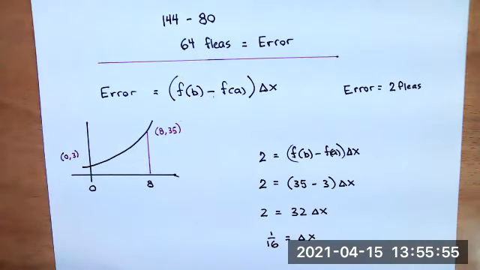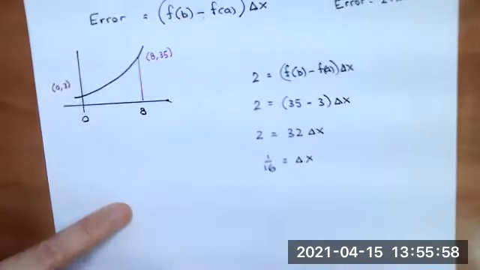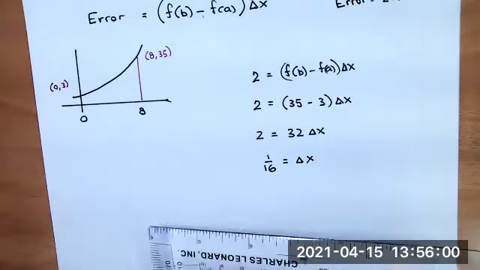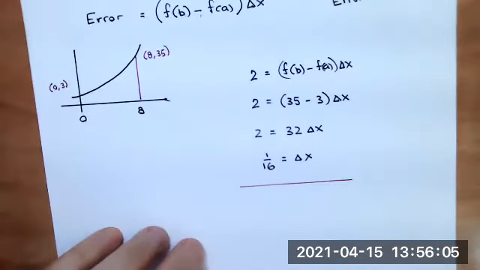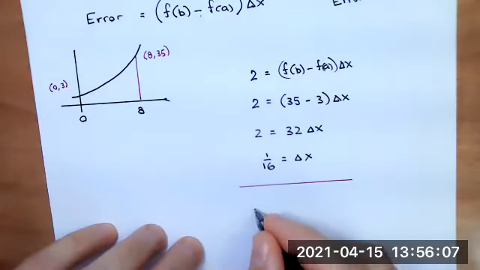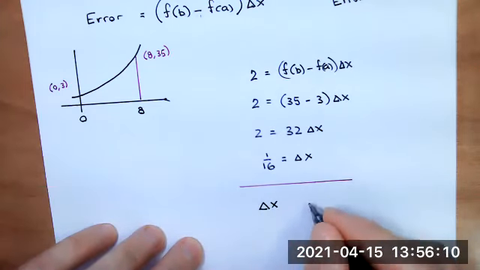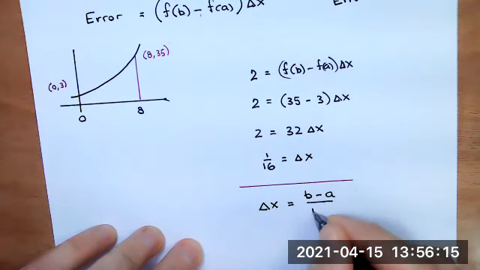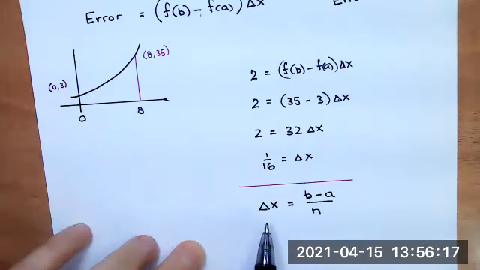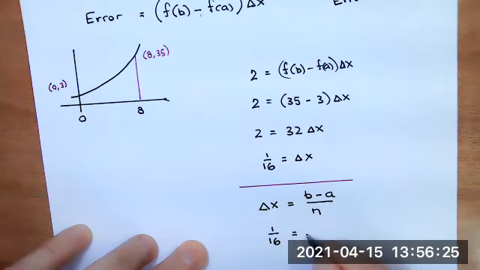All right, what if we wanted to know how many intervals that would be? Remember that the size of our interval is b minus a over n. We want the size of our interval to be 1/16. b minus a is 8 minus 0.